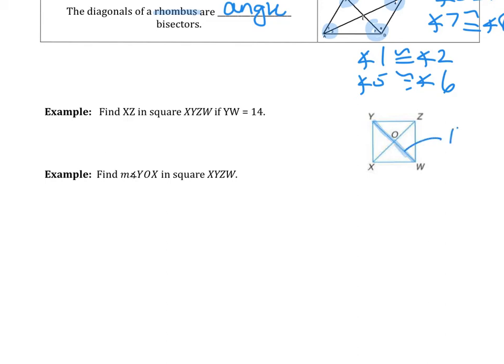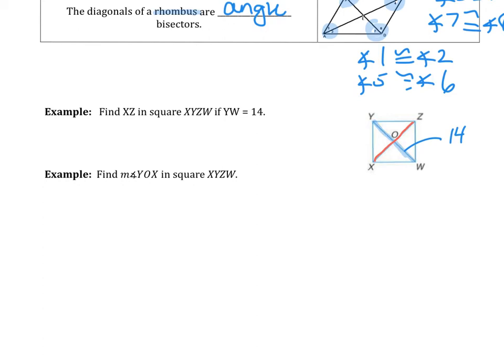Draw a little arrow and mark that as 14. So what do we know about our diagonals? Let me highlight what we're looking for. We're looking for XZ here.